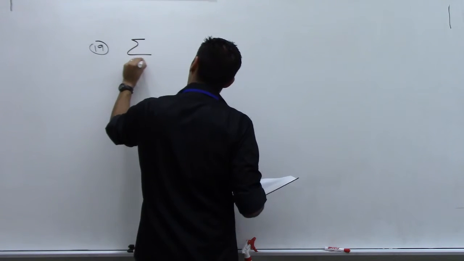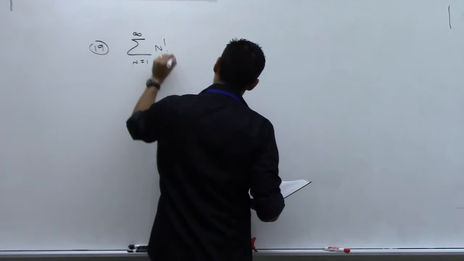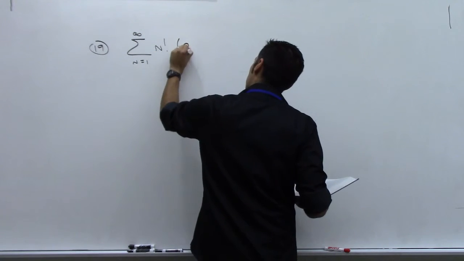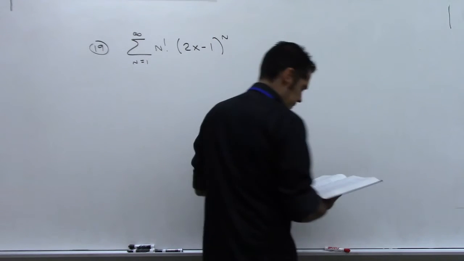Sum n equals 1 to infinity, n factorial, 2x minus 1 to the n.